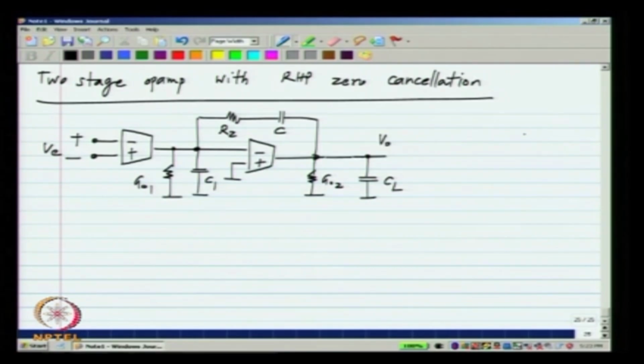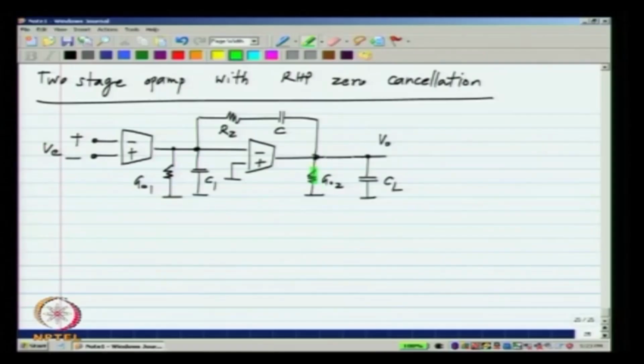Now, the transfer function of this can be evaluated in exactly the same way as before by writing the node equations, and before we do that we should again see what is the number of poles and zeros we have. Okay. What do you think? Is it exactly the same as before? One difference from earlier case is that earlier also we had 3 capacitors, but the 3 capacitors were in a loop.